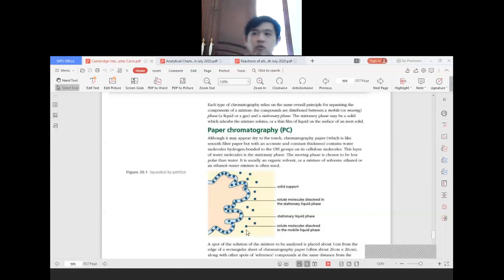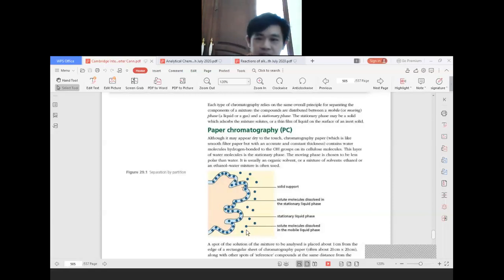So can you imagine, using your 3D imagination, that inside the paper there is like a pipeline which is called the stationary liquid phase.